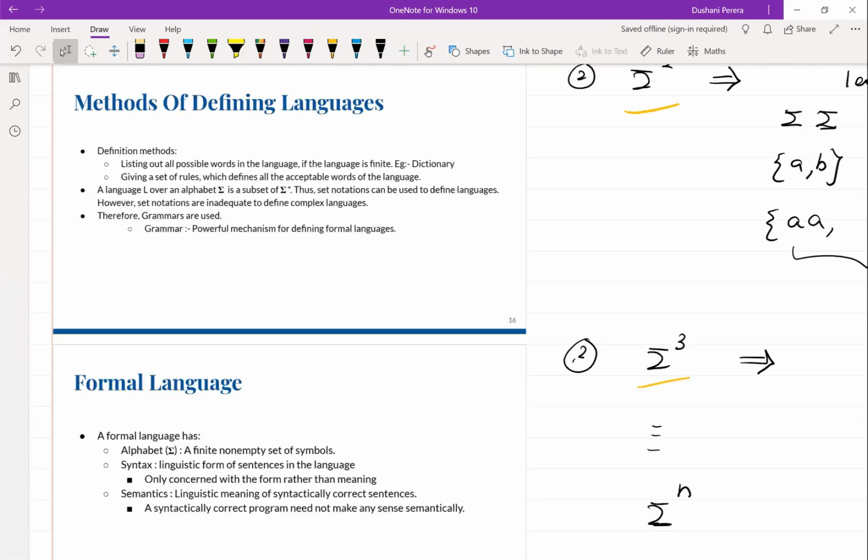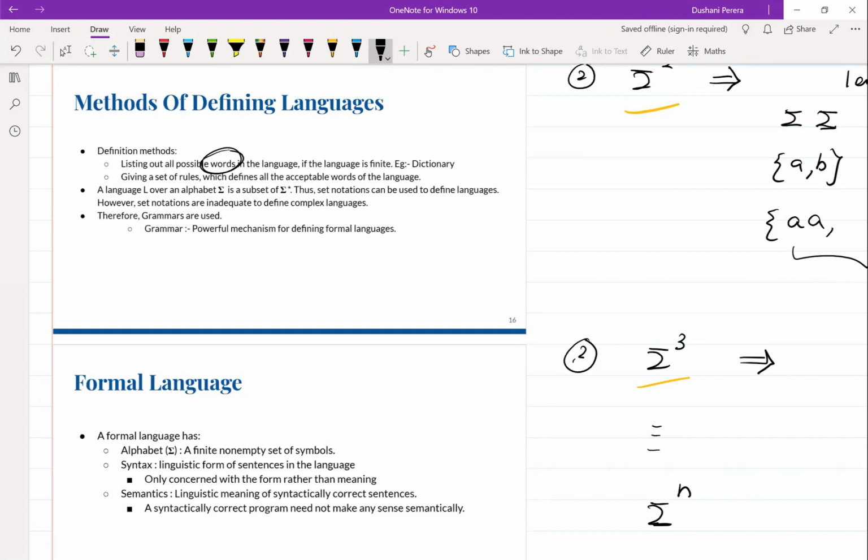We have two methods in which we can define a language. We can either list out all the possible words or strings of a particular language. We can do that if the language is finite, of course. And the other method is we can give a set of rules which define acceptable strings. මේ මේවා විතර accept කරන්නේ කියලා we can give a set of rules, right?